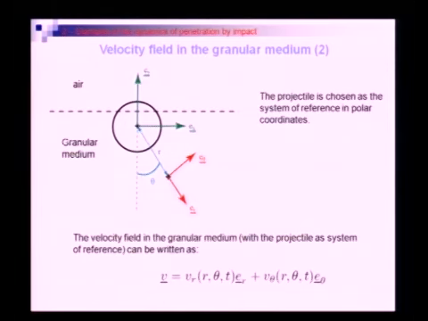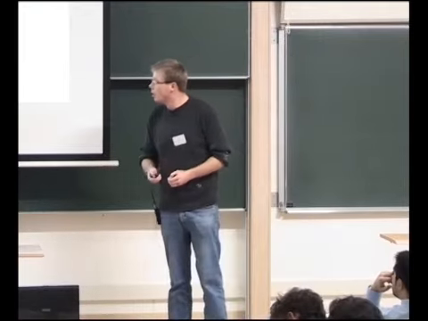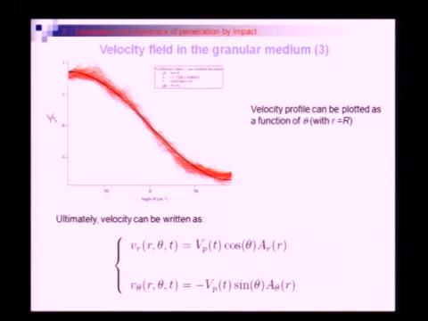If we put it at a distance r and angle theta, we are in polar coordinates. So the velocity field here can be written in that form: a component on e_r and a component on e_theta.